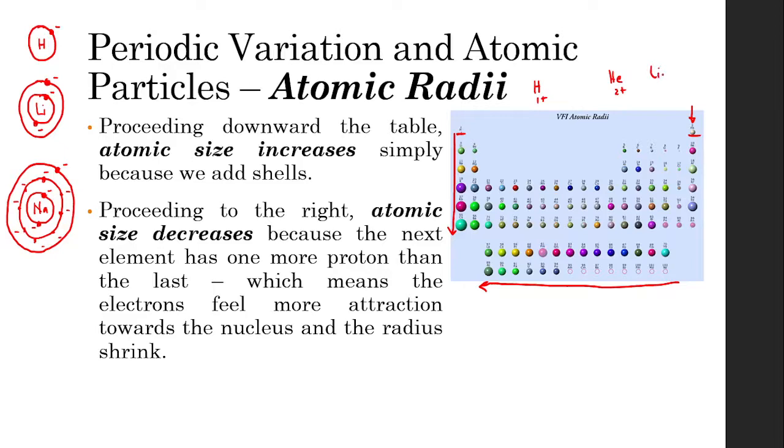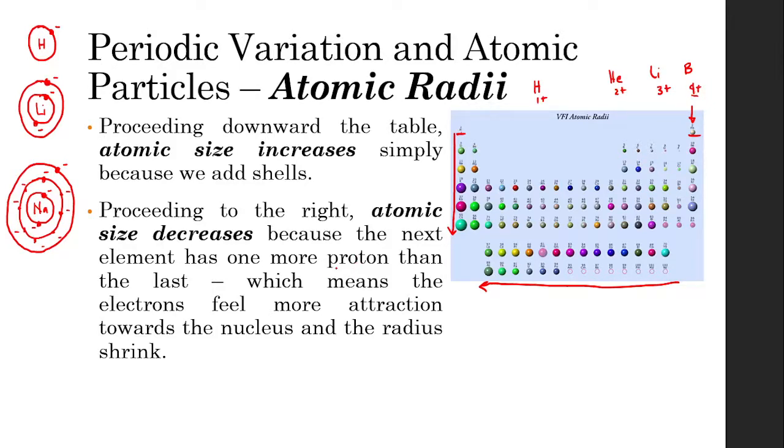Lithium has 3 protons, and the next one, beryllium, has 4 protons. Okay, so what is happening is that the protons are increasing, so the nucleus is becoming more positive, because protons are found in the nucleus.